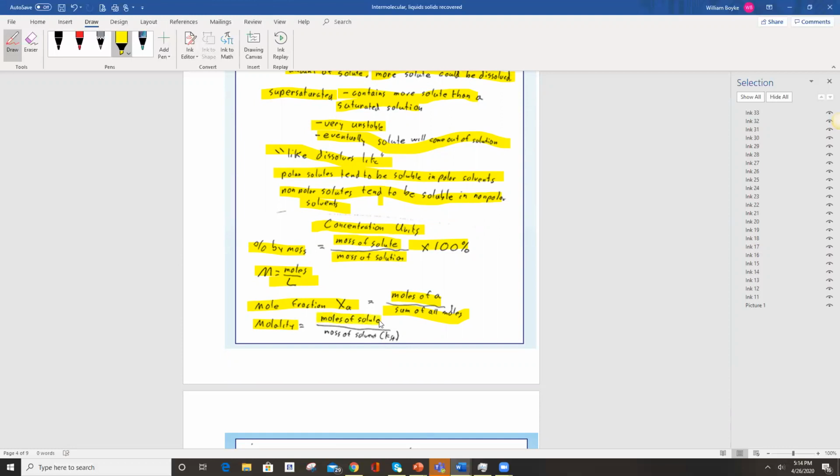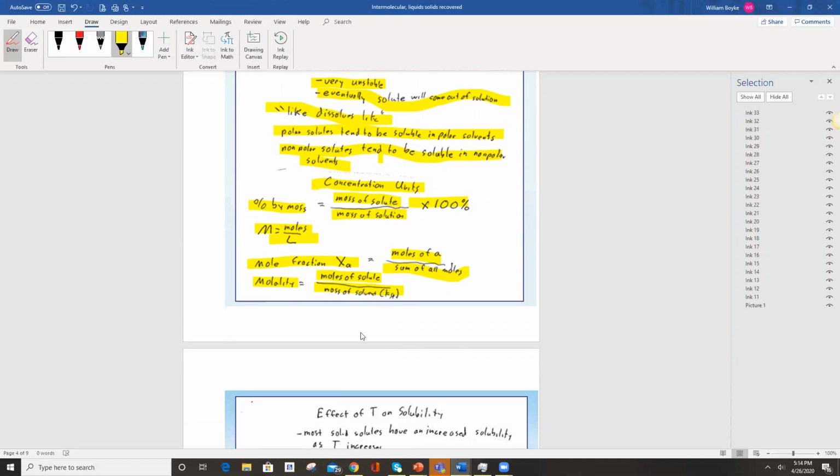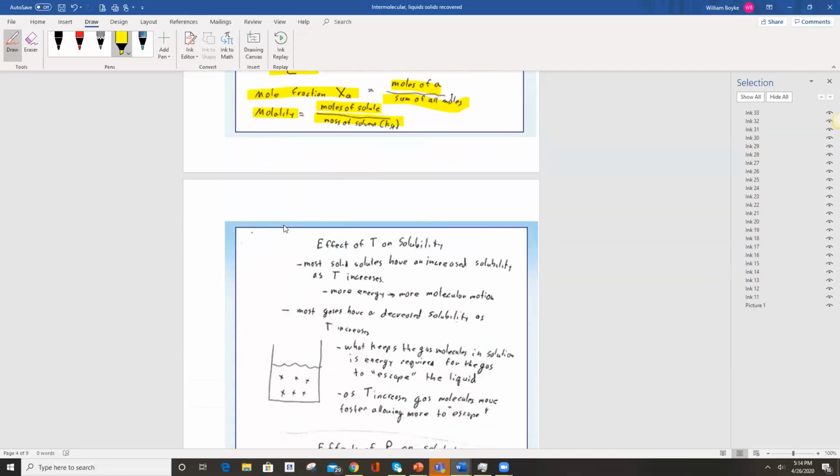Molality is moles of solute divided by the mass of the solvent in kilograms. You sometimes see that a little bit more in industrial practices with bigger things, when you want to work in bigger units like kilograms. Again, no calculations for the solutions here, but just some other concentration units I want you to be familiar with.